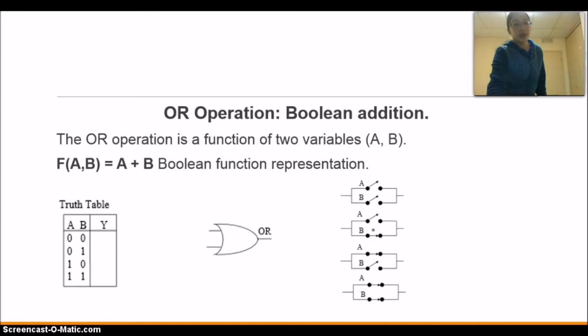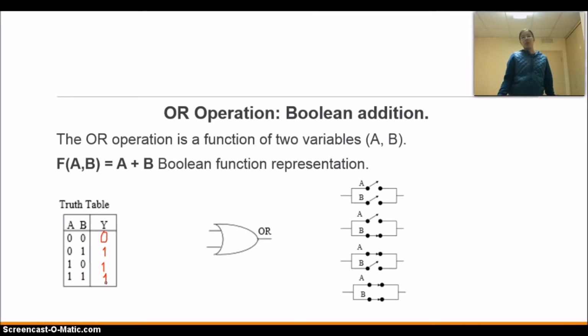In our truth table, we're going to have that 0 plus 0 is going to be 0, 0 plus 1 is going to be 1, 0 plus 1 is going to be 1, and 1 plus 1 is going to be 1.